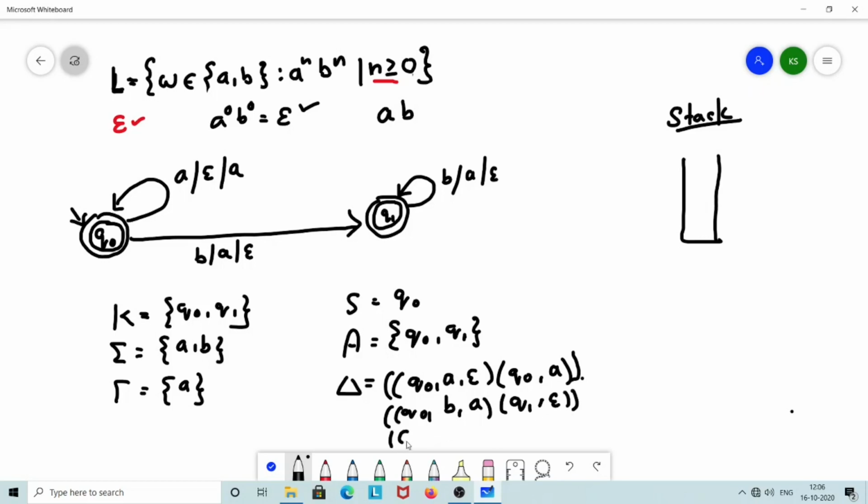And the last one, being in Q1 upon B, pop A out, remain in Q1 by pushing nothing, right? So this will be the content of the 6 tuples for this particular PDA.